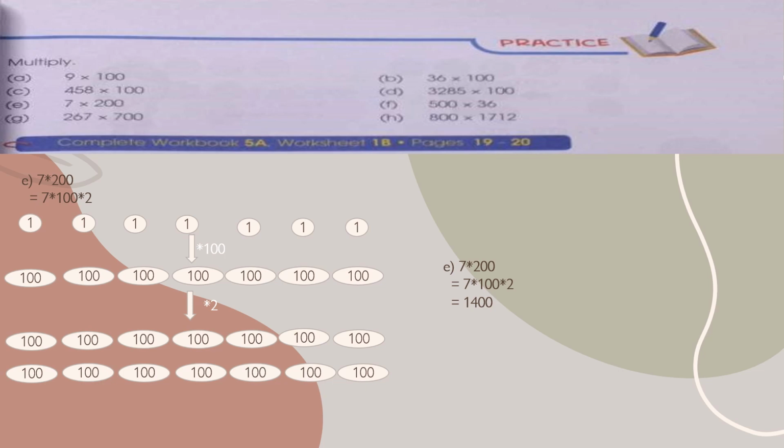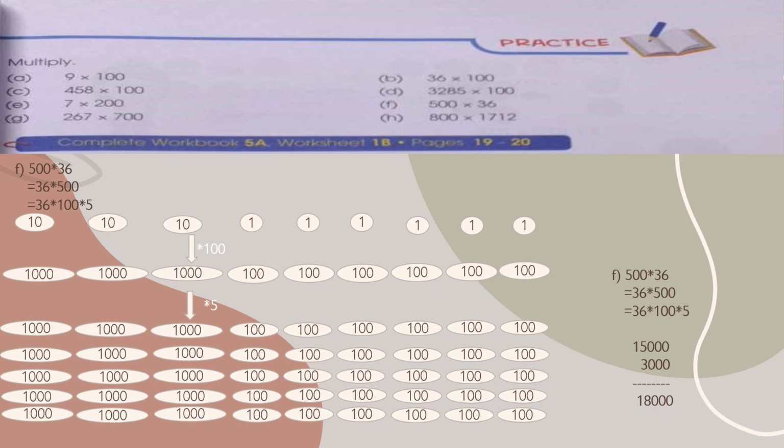Now these are going to further multiply by 2, and as a result we have 14 discs of 100, or we can say that 7 multiplied by 200 is equal to 1400.